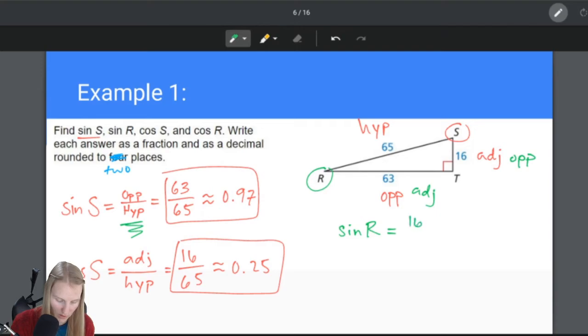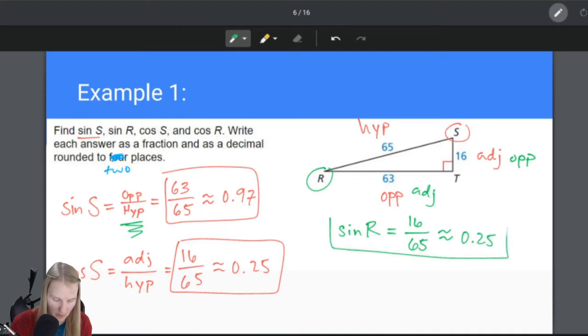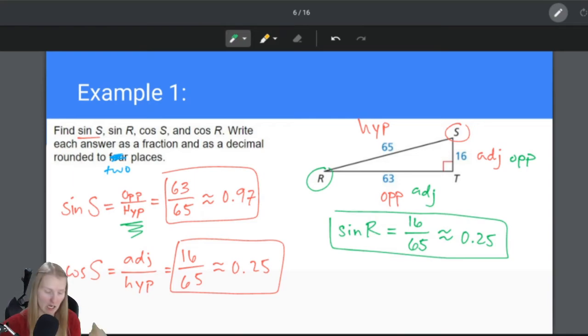So this will be 16 over 65, which is approximately, wait a minute, oh my goodness, 16 over 65, that's right there. Cosine of S was 16 over 65. Huh, interesting. So I don't even need to put it in the calculator. I'll just steal the number from over here. So this is approximately 0.25.